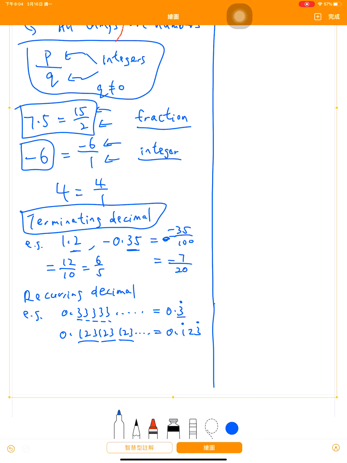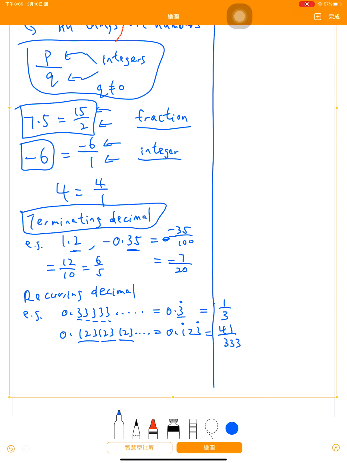These two numbers can also be expressed as rational numbers, that is, a fraction, the ratio of two integers. For example, 0.33333, we can express as 1/3. You can use your calculator to verify it. For 0.123123, in fact you can find that the answer is 41/333.